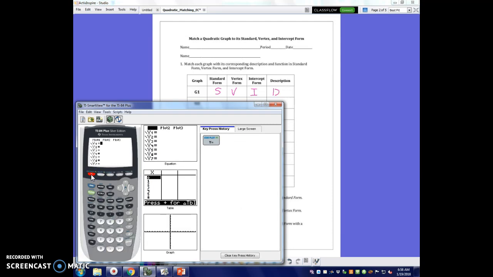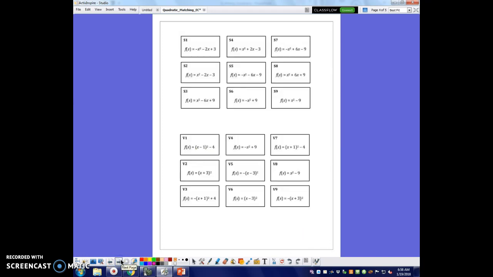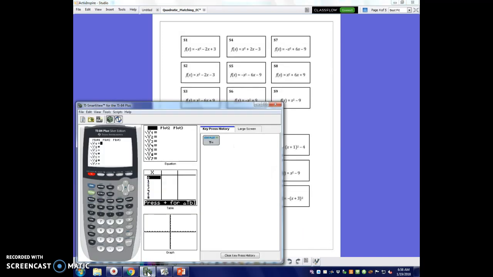So like for number 1, let's do this. For S1, I would go to y equals and type that in: negative x squared, that's not squared, negative x squared minus 2x plus 3.